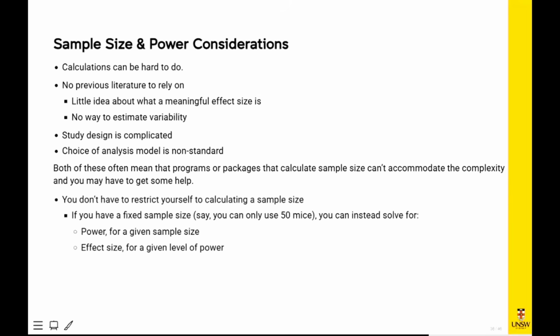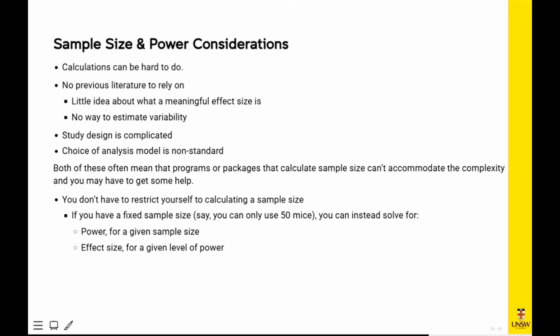Now, another thing about sample size and power calculations: we're usually doing it to calculate a sample size. What is the sample size to detect this effect? But you don't have to restrict yourself to that. Sometimes you already know what your maximum sample size is. This often happens in basic research when you're like, I only have access to 50 mice. What can I do with 50 mice? So you can start at the end, basically.